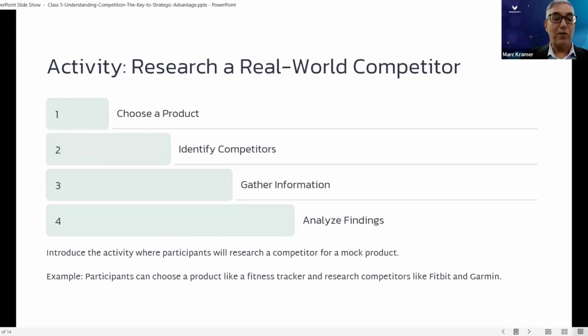Research a real world competitor. Choose any product that you want to, and you can do some competitive analysis on them. So if you like wearing Nike sneakers, you can go to the mall and compare it to other sneaker makers that are out there.